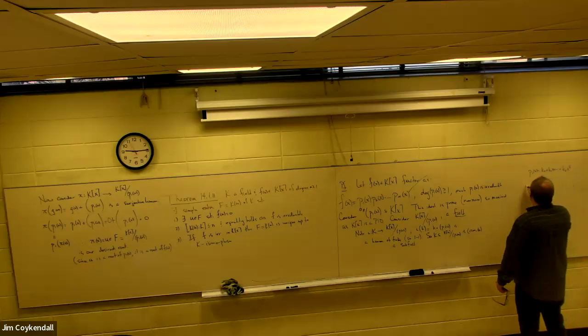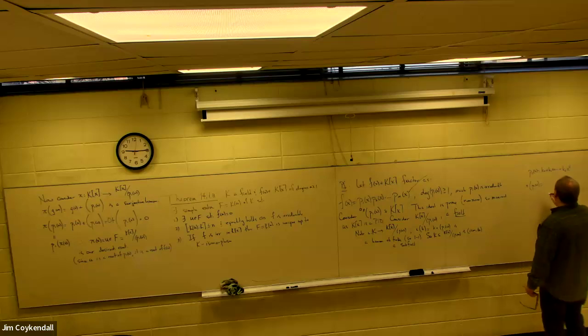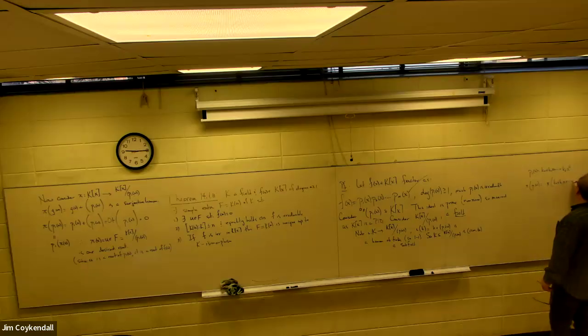And so pi of p1(x) is pi of k0 plus k1 x plus kt x^t. But remember what pi is, it's a homomorphism, right?